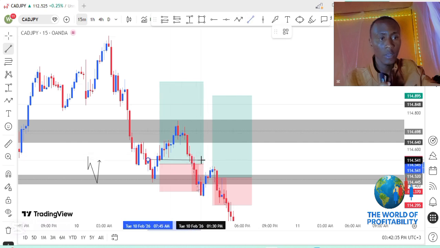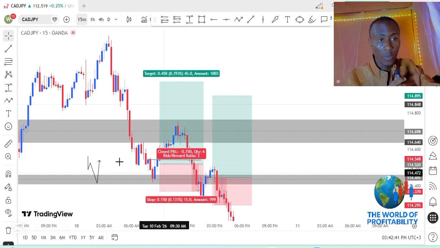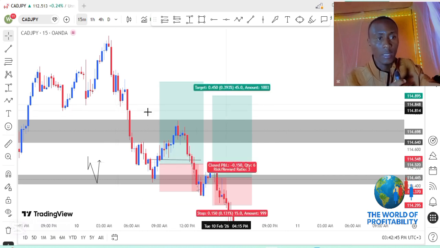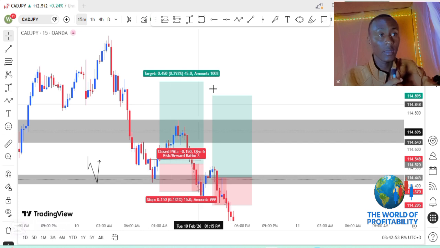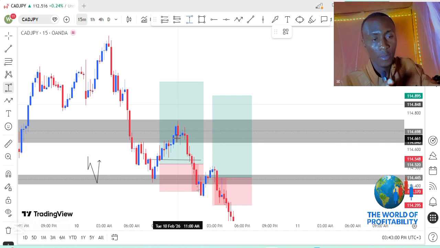Instead of setting my buy limit from this point, which would have been executed in the next 15 minutes after the pattern formed, I set it lower, and the market never reached there. It went up and then came back to our limit order, activated the order, and went to our stop loss. If I had placed the limit order at the neckline, this setup would have resulted in a break-even. You know why?